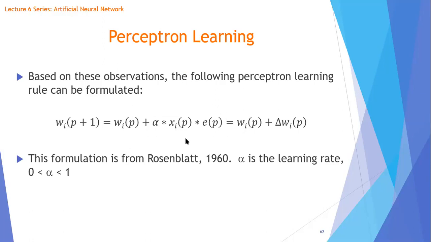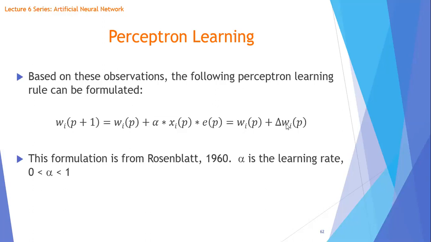If you take the product of Xi and E, you will get the change you want based on the table here. And of course, you are fractioning this by this learning rate, so you're not making changes abruptly. Now, this term here, alpha times Xi times E, is called delta W because we're making a change in your weight. So this is what we're going to implement.